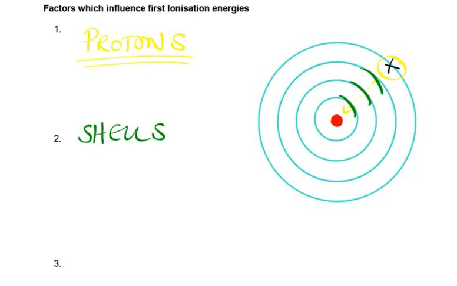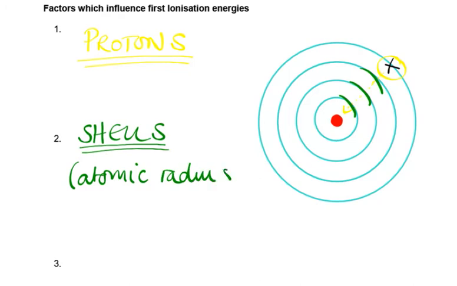So the more shells we introduce, the more difficult it will be to remove the electron. This is often referred to as simply the atomic radius. So the greater the atomic radius, the easier it is to remove an electron.